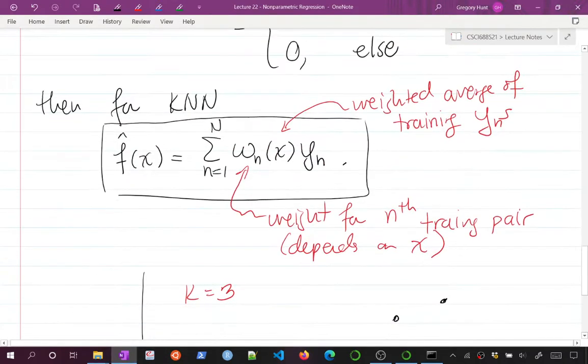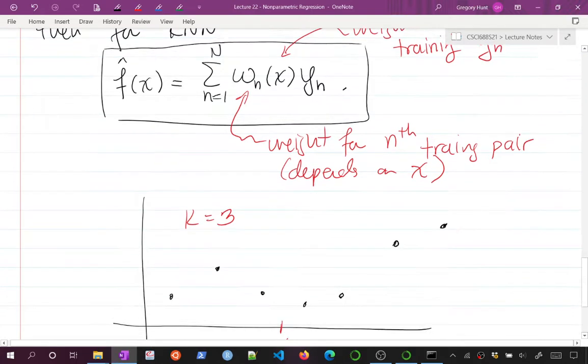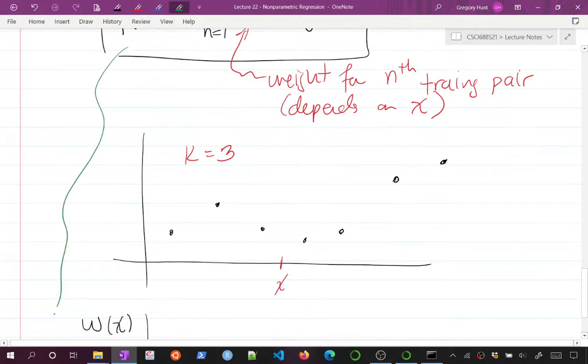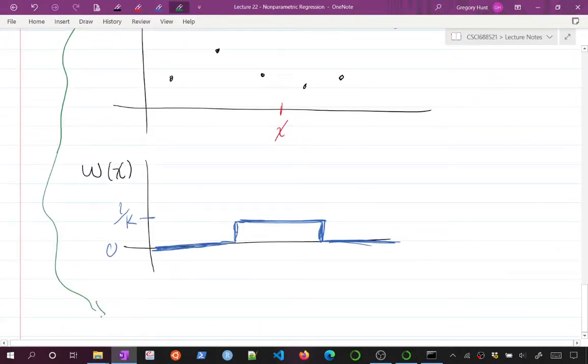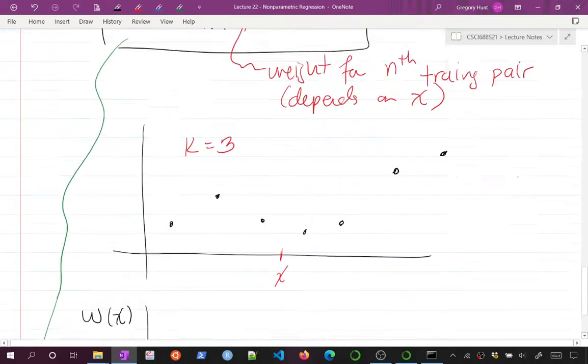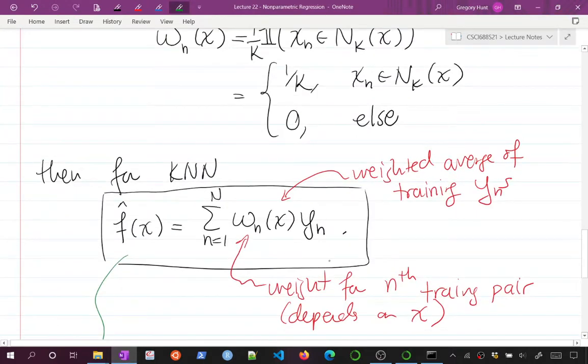This kind of method, where I'm looking at a weighted average of the y's, is called a linear smoother. The idea is that it's a linear smoother because you write it as a sum or an inner product if you want.